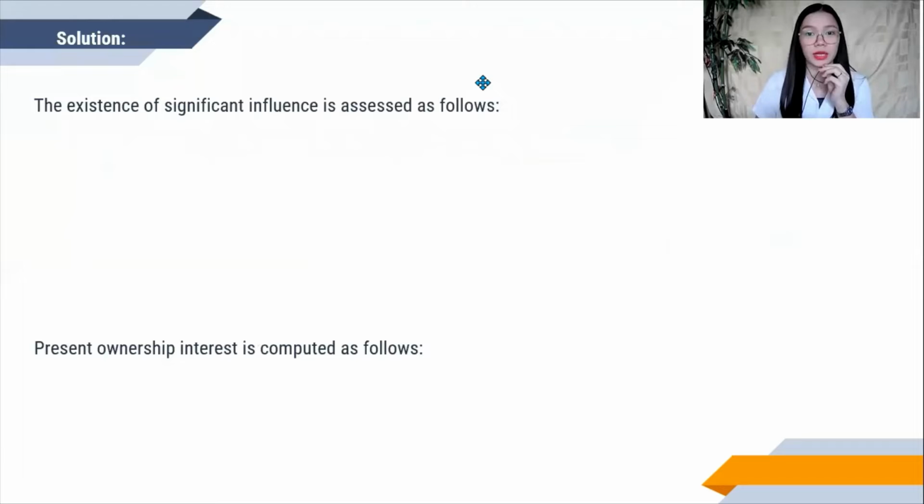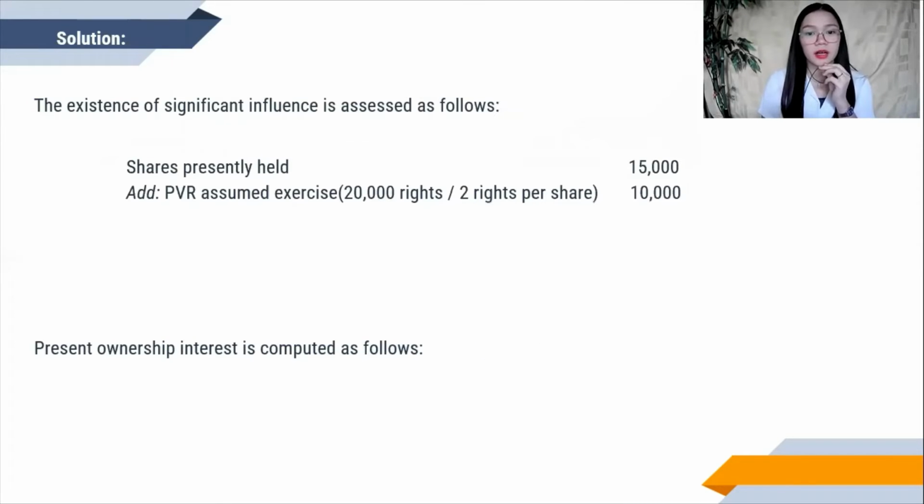So i-compute muna natin. So magkano na yung share presently held ni Pepper Company? It's 15,000. Tapos i-add natin dyan yung kinonvert natin na stock rights into ordinary shares na 10,000. Di ba nagkaroon siya ng additional 10,000 ordinary shares dahil meron siyang 20,000 stock rights na convertible into 2 rights for 1 share basis. So equivalent siya sa 10,000 ordinary shares.